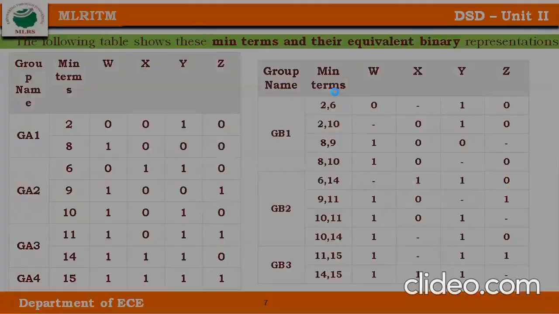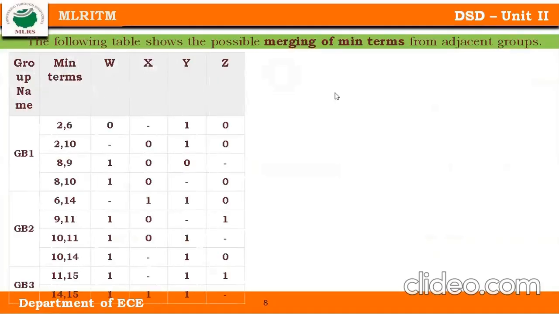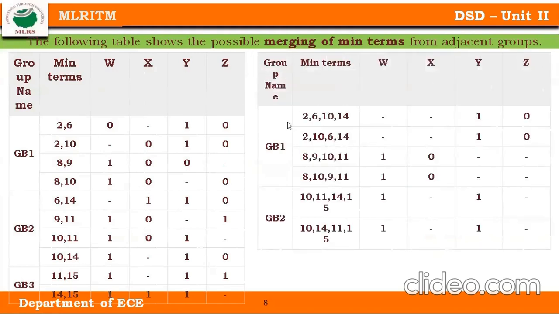Yeah, now this is my table 2, which occurred earlier. From this I'll start again. Now comparing 2 6 with 16 14. Okay, 2 6 and 16 14 minterms are compared.